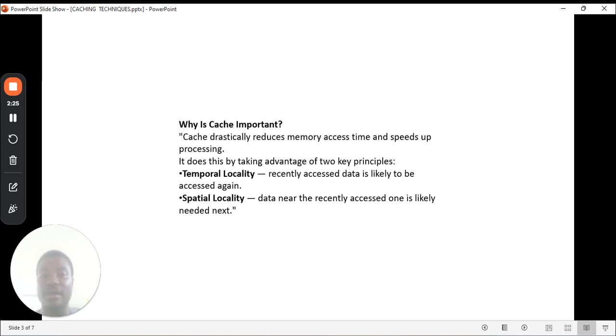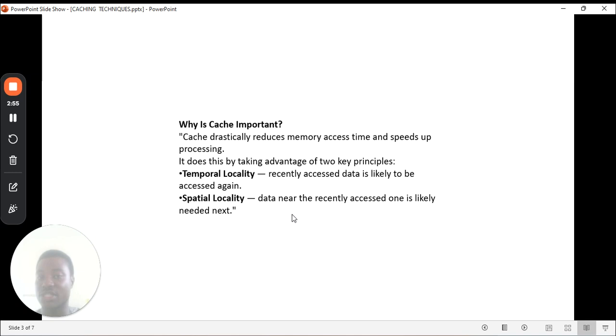As for temporal locality, recently accessed data is likely to be accessed again. And for spatial locality, data near the recently accessed one is likely to be needed next. So that's the difference between temporal locality and spatial locality.